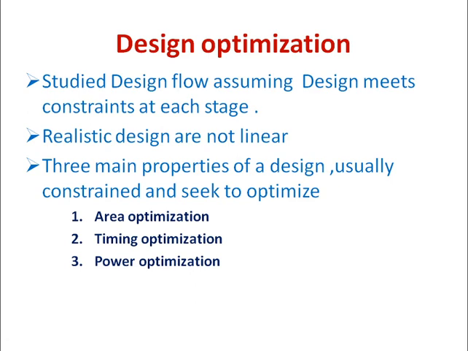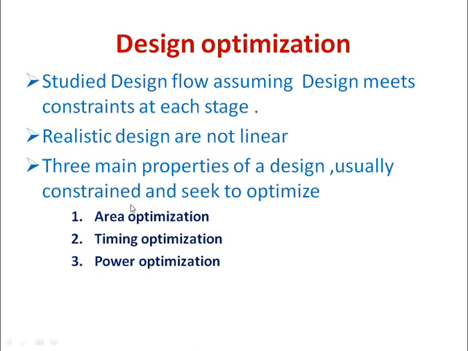We consider three main properties of a design, usually constrained, and seek to optimize: area optimization, timing optimization, and power optimization. At each stage of the design flow, we can make decisions that affect these properties. Many of the decisions also affect other aspects of the system, so we must make trade-offs among the properties.